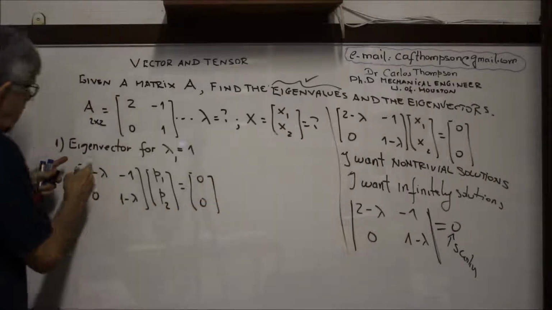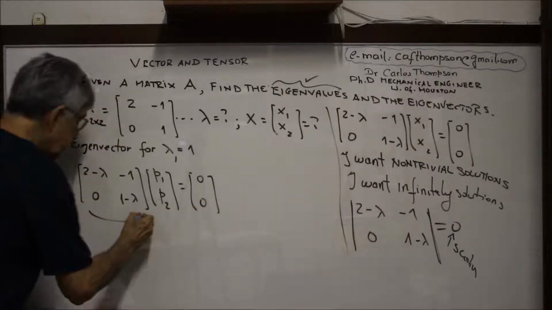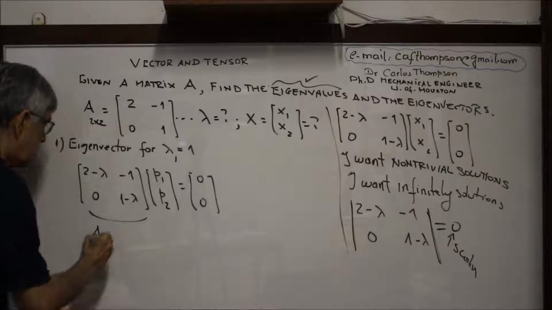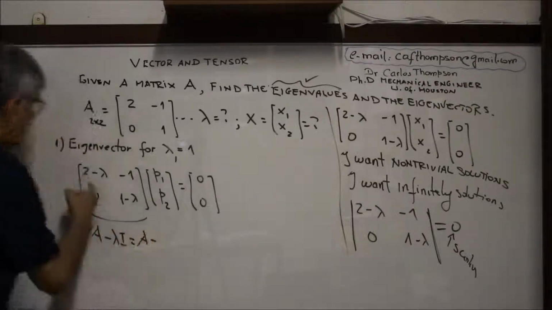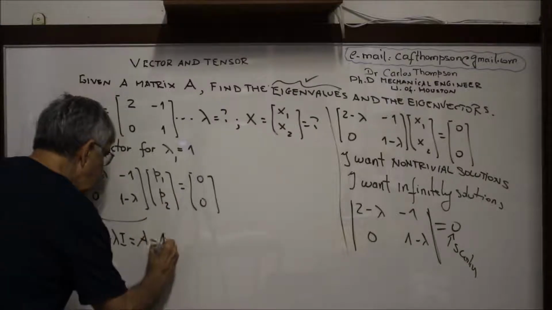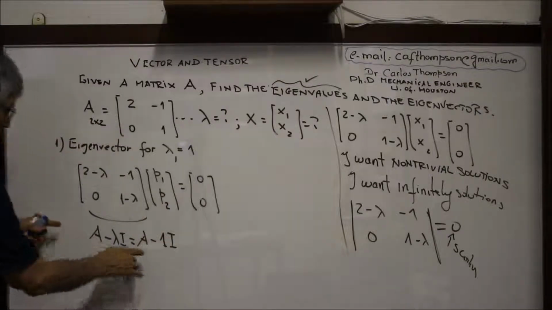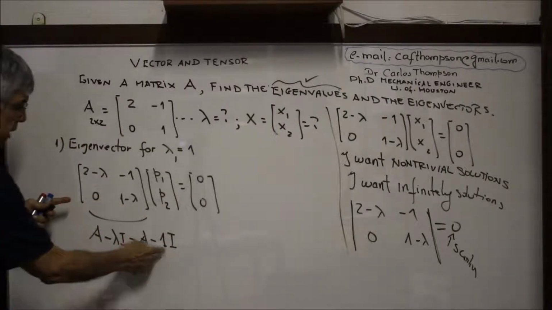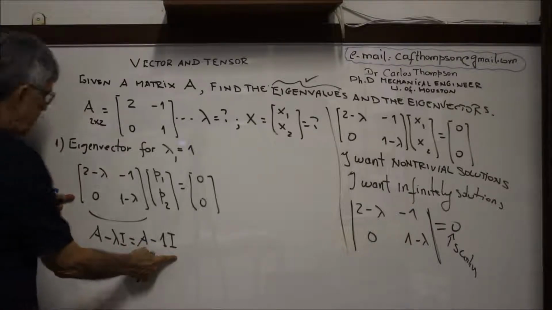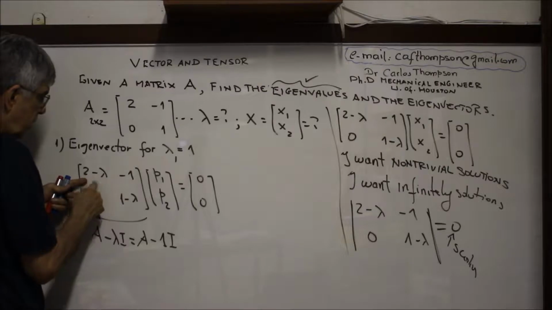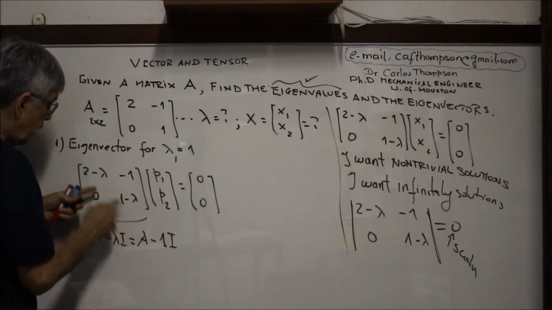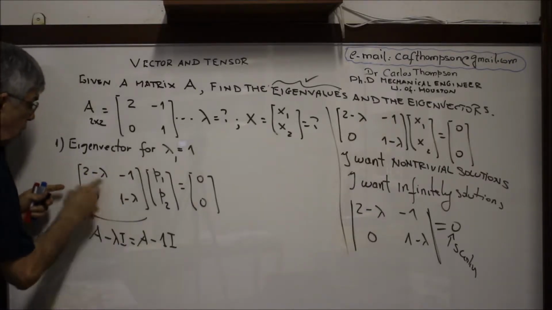See, this here is A minus lambda I, which is A minus 1 I. Now lambda is equal to 1.